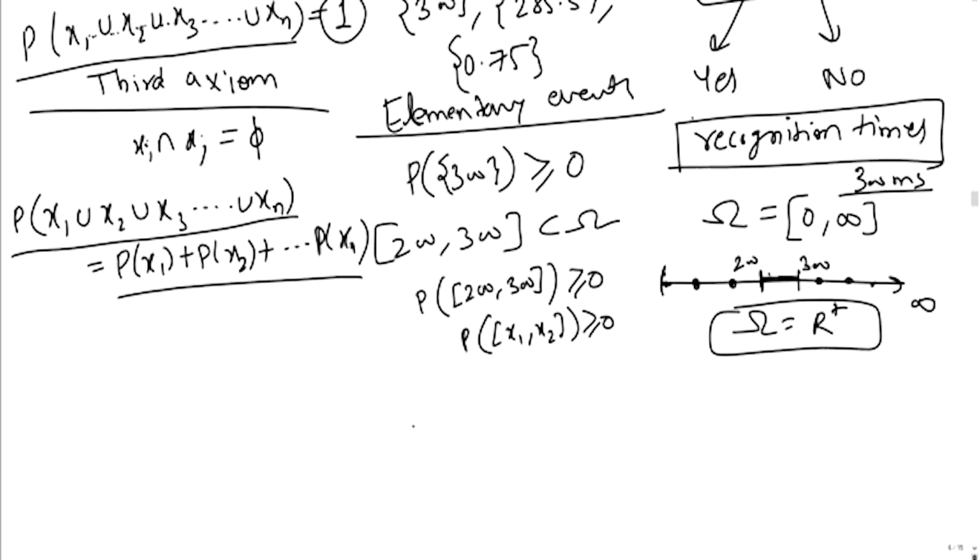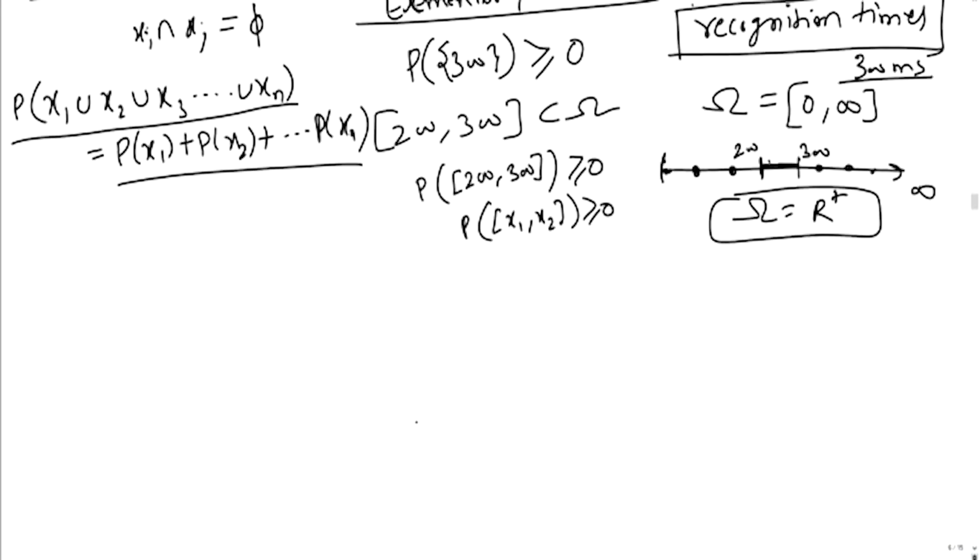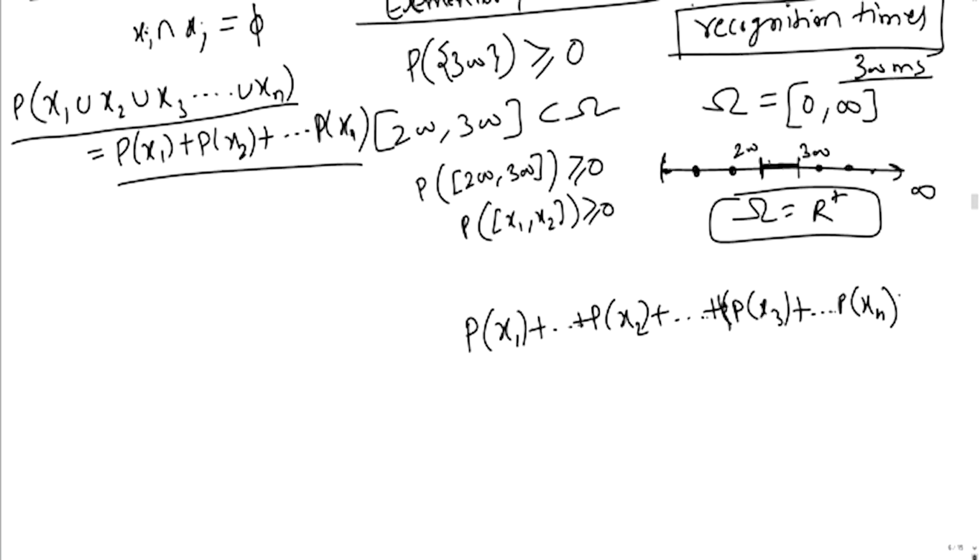So based on these two axioms and the first axiom, what you can write is that the probability of x1 plus the probability of x2, in fact I should write that there could be infinite points between x1 and x2 as well, plus the probability of x3 plus the probability of xn, should be equal to 1.